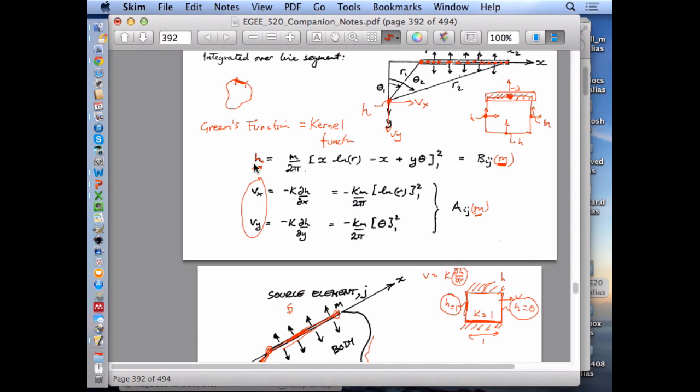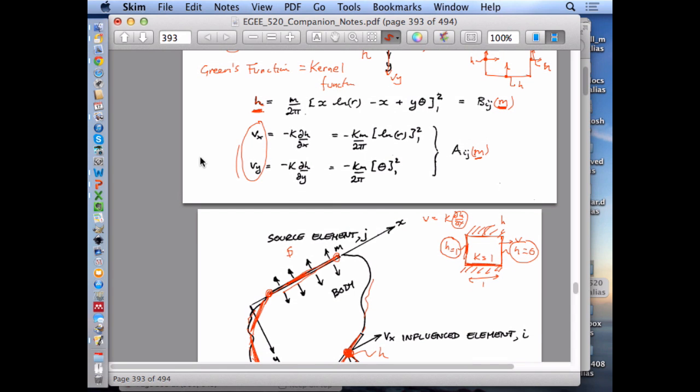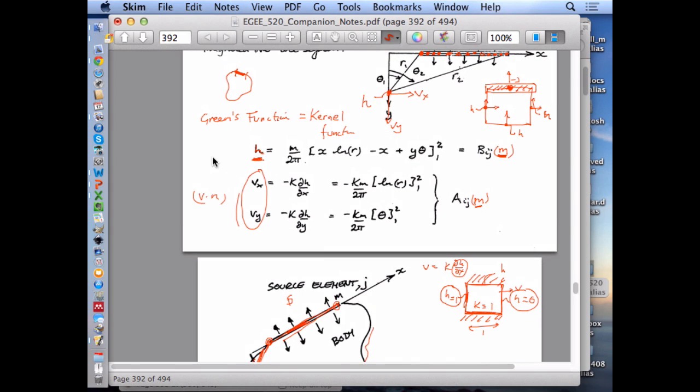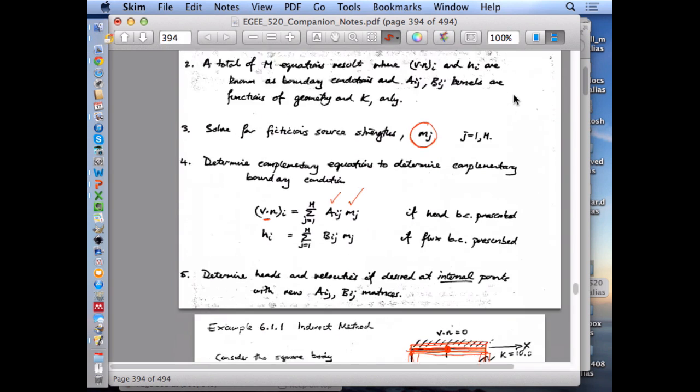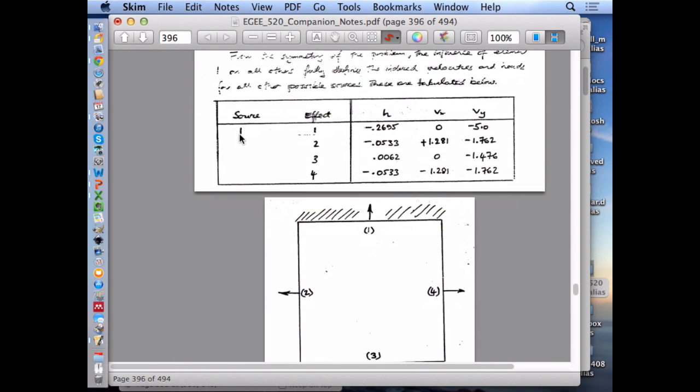So we can calculate what each of these components are. By applying this and basically this expression combined to give us the dot products together, we can get the magnitudes of each of these components. And you see this is the only geometry we need because it repeats itself. We can take this as a template and just physically move it around. And so that's exactly what we do. If we do that and we go through this, we see that the effect of having a source element, actually I think it's a sink rather than a source, and its effect on itself.